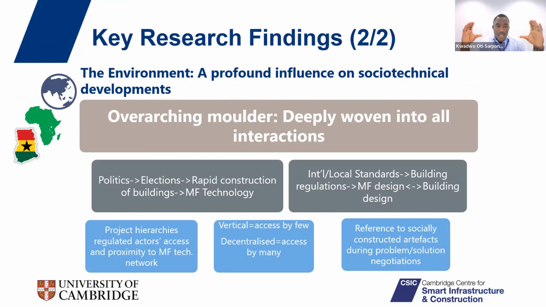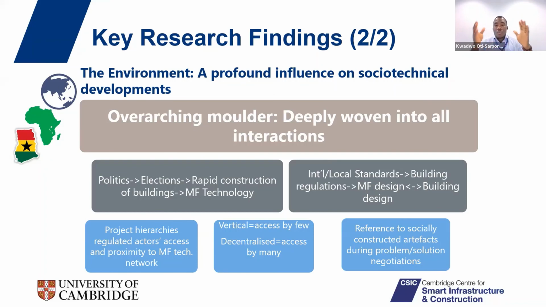Moving from this wider or broader environment or broader context to the project context, project hierarchies also influence the extent to which actors could be involved in the shaping process, as I explained earlier about the local and foreign actors and their influences.